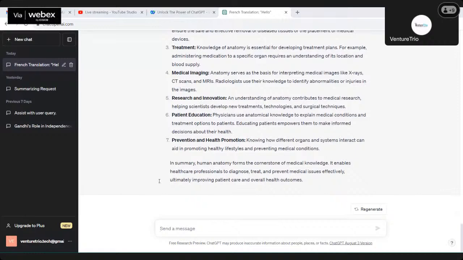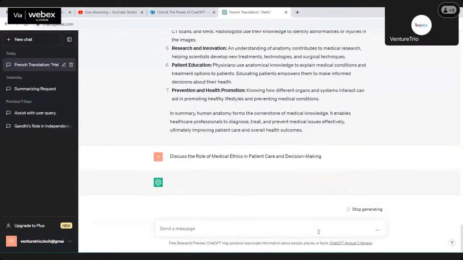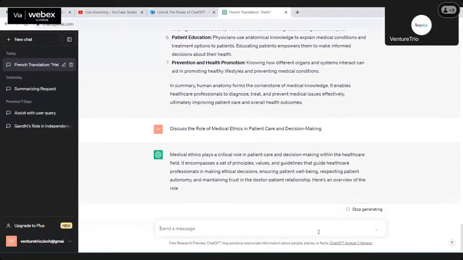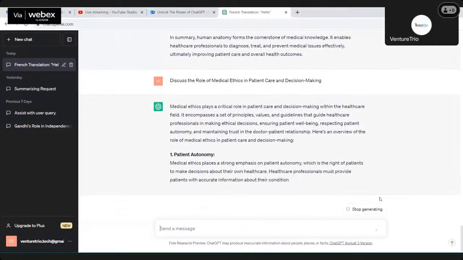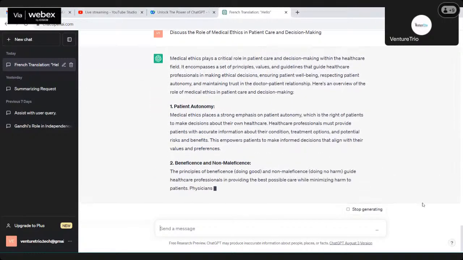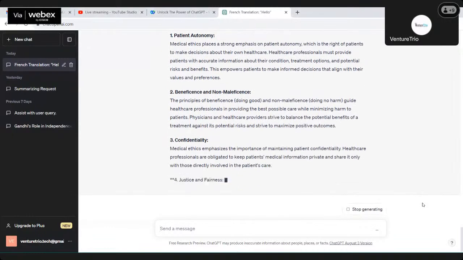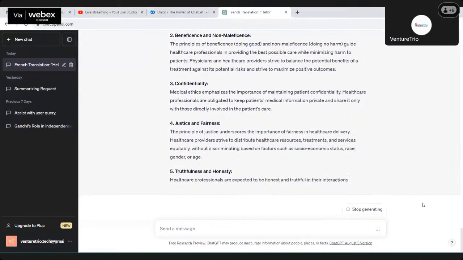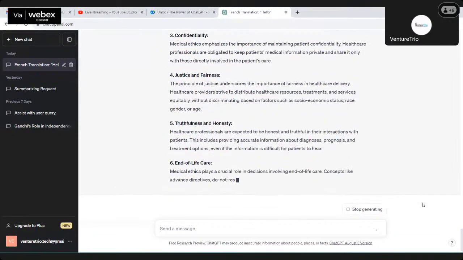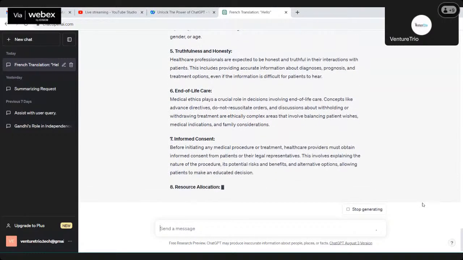Let's try another one. Discuss the role of medical ethics in patient care and decision making. It will provide you all associated information available in the database.